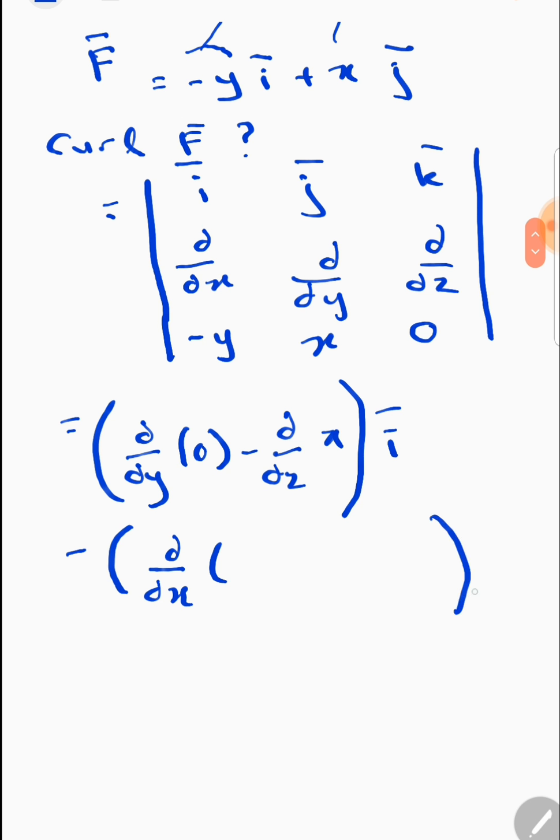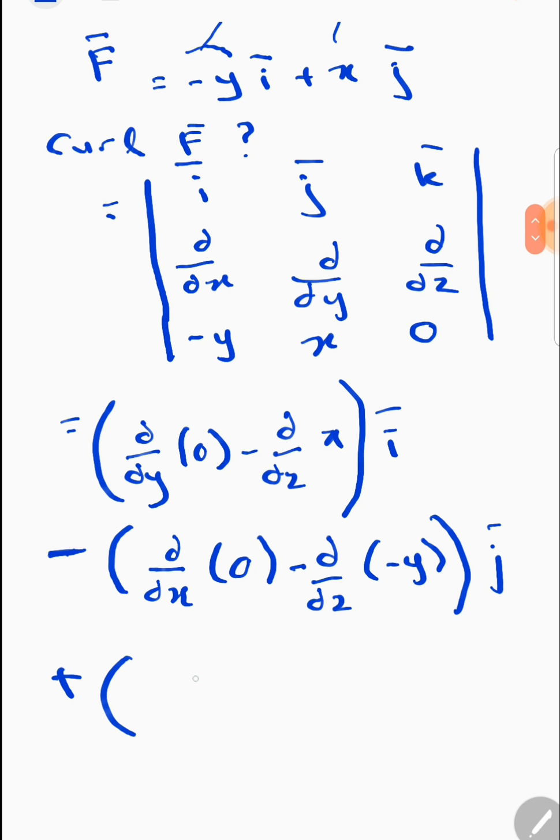So this is my j part. What we'll do is that we cover this row and column, and then that leaves us with d over dx of 0, so I'm going to write this down as 0, and then d over dz of negative y. Just remember this part here: if this is plus, the operator here should be a minus.